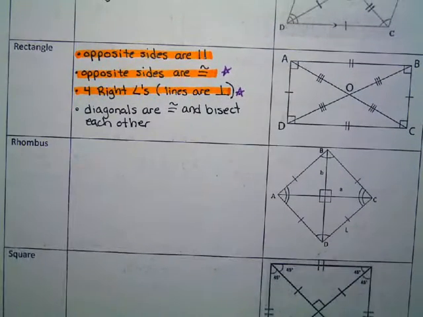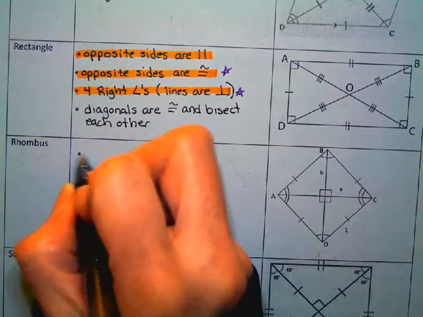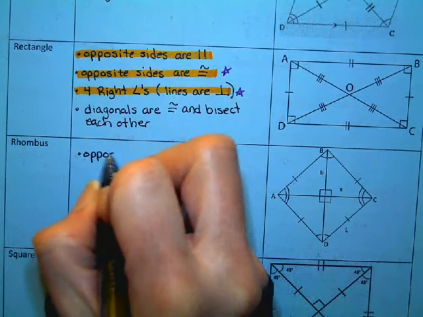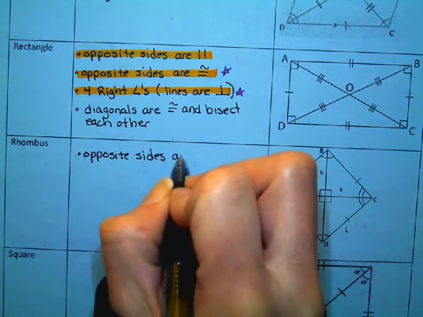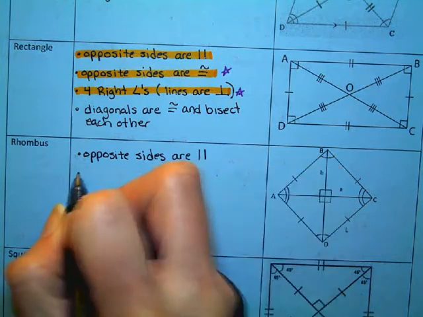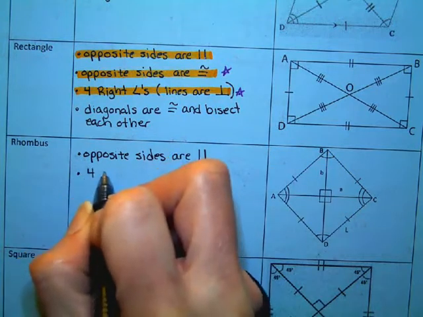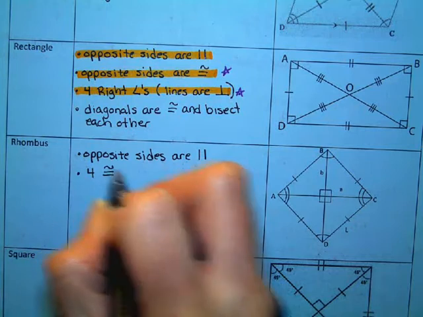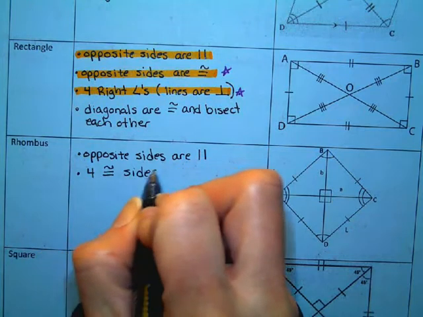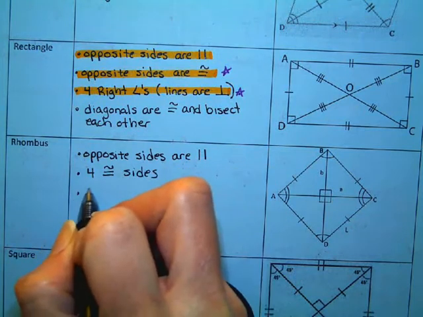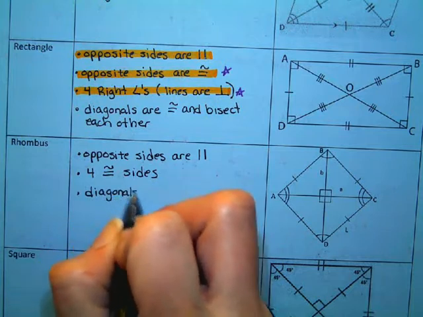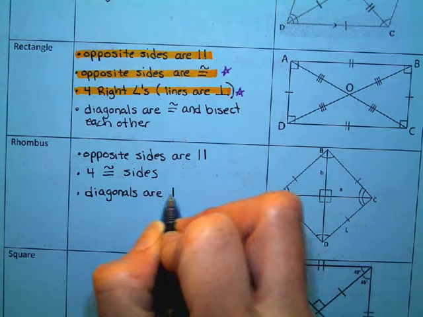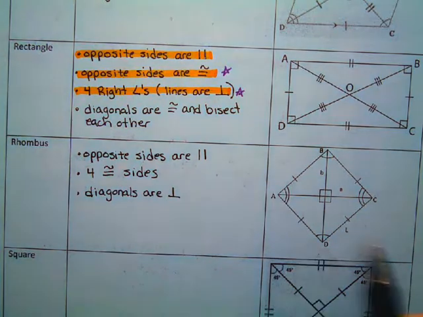Alright, a rhombus. We have opposite sides are parallel. We have 4 congruent sides. Diagonals are perpendicular. We have opposite angles are congruent.